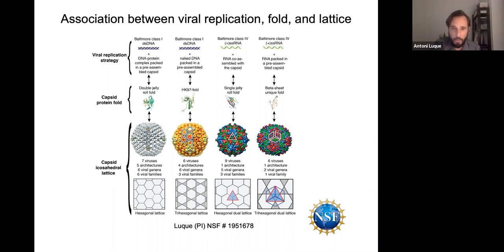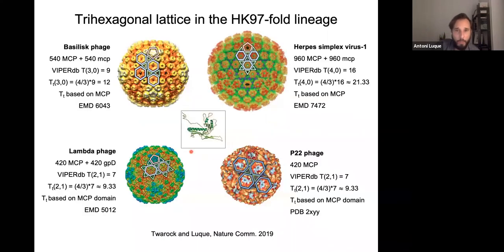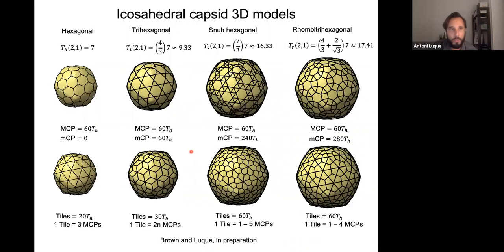I don't have data yet, but we're exploring the trihexagonal in terms of the energetics, because it's clearly competing against the classic ones. So the idea would be to do an analysis of the equilibrium mechanical properties. One lattice, by the way, that doesn't seem to show up too much, I'm going to show it and relate it to your question.